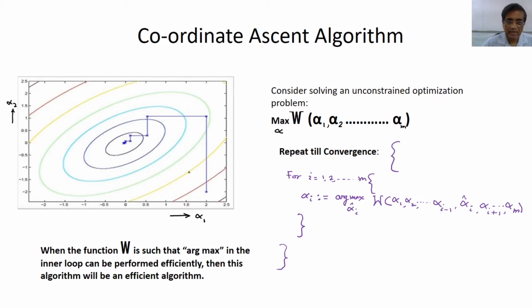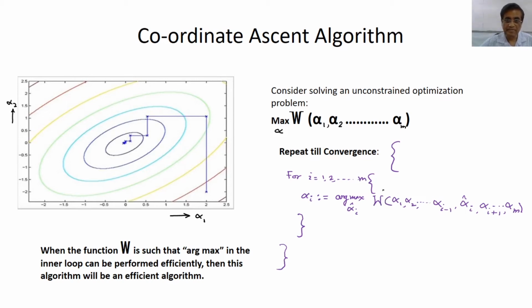Now say you start from any whimsical value of alpha. Here we have started with this value, and look, when you are making progress in the alpha 2 direction, alpha 1 is constant. So at a time only alpha 2 is varying. Repeatedly you are calculating the value of W, and seeing whether the W value is increasing or not.